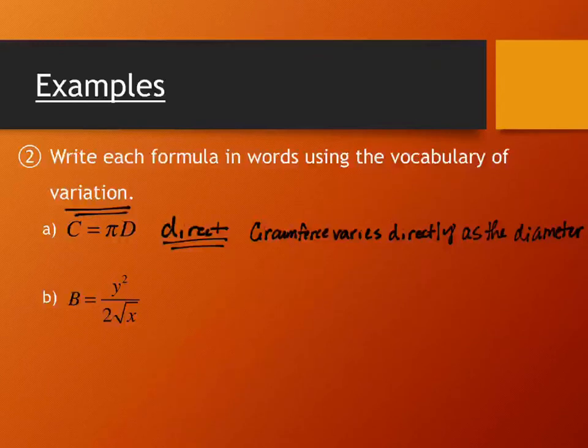C varies directly with respect to the diameter, or with respect to D. So in other words, where we wrote circumference, you could say C, and where we wrote diameter, you could say D, and it would be okay. And that's what will happen on part B and so forth. The part that's actually still left is just, there's more writing to it. It looks like it's longer in my notes, but I only have 5 problems left. So probably what I'll do is I'll look and see if I've recorded this before and just post that video, and I'll tell you where to start the video to pick up on the rest of the lesson, okay?